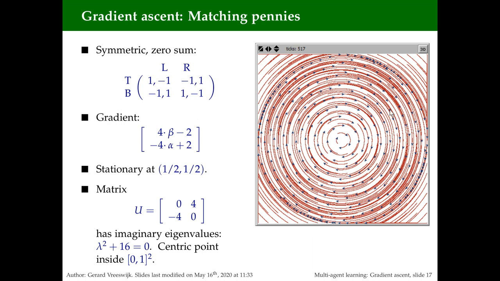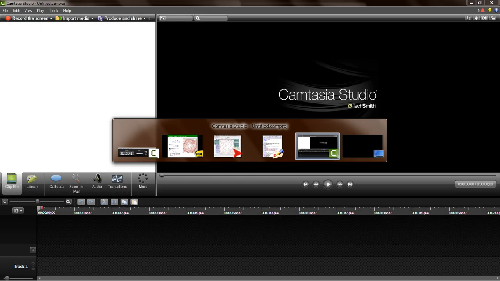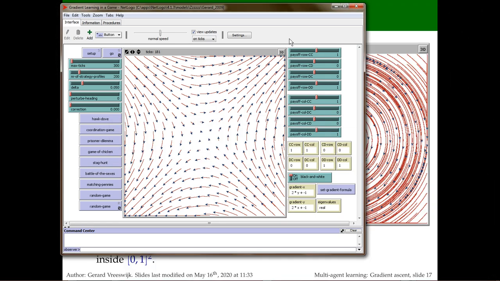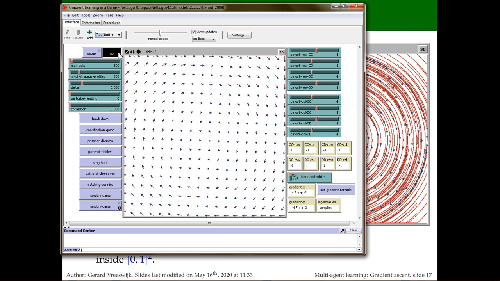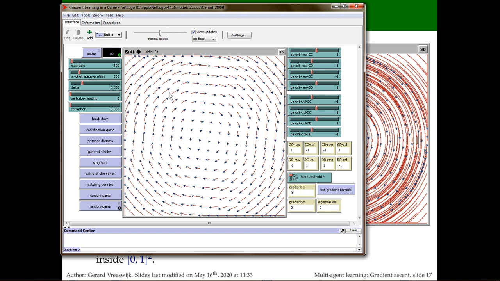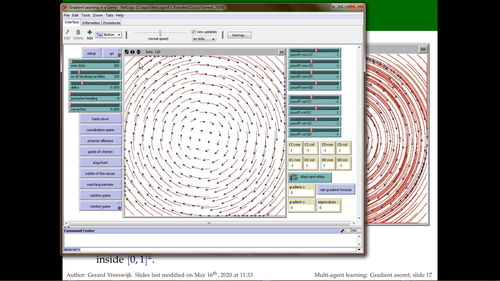You see, if you take matching pennies and you are here somewhere, then there will be no convergence. Both parties will never converge.